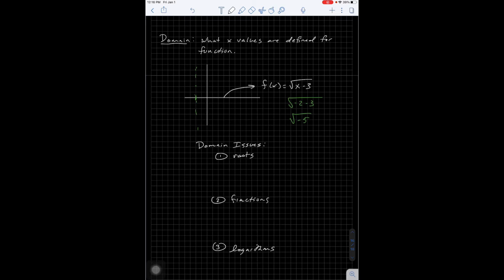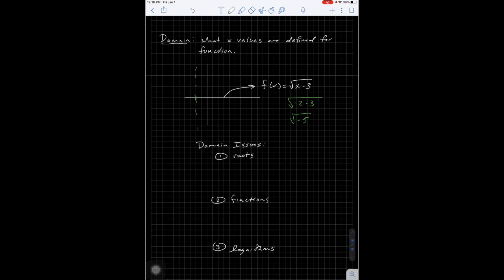Now, there are also domain issues with trig functions. Trig is what we will talk about in the second half of the semester. I'm not going to address that now. We'll do that later. But these are the most common in pre-calculus and for the most part of calculus. So this is where we're going to land.